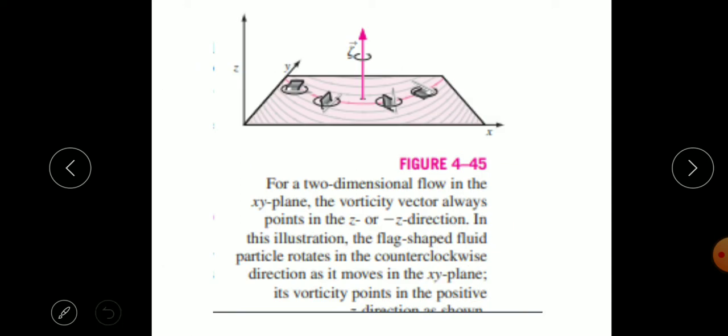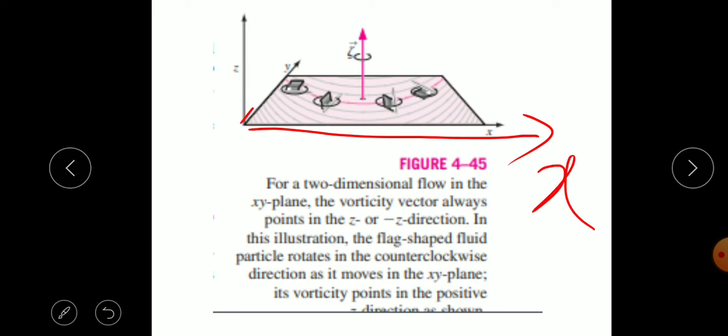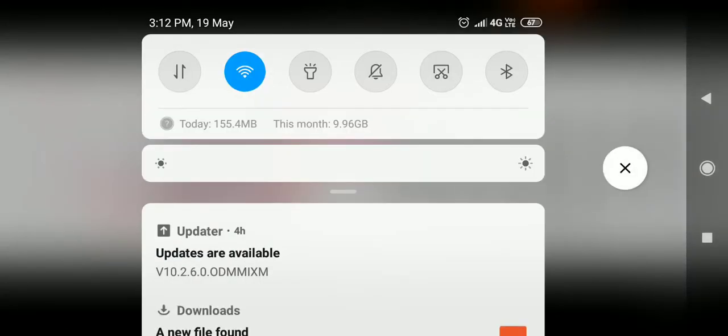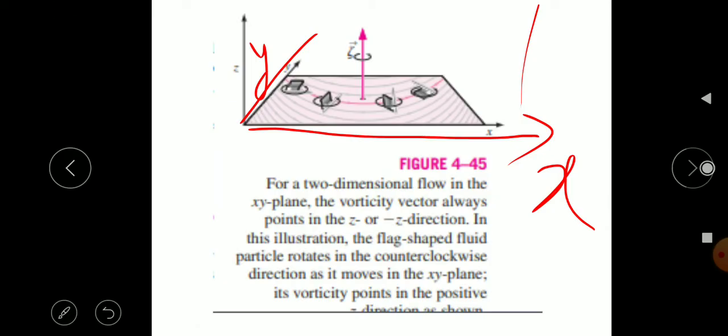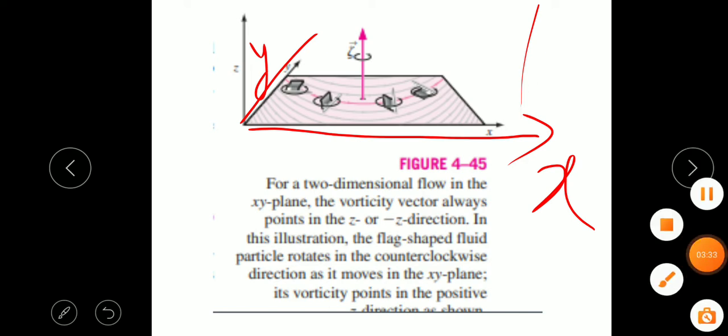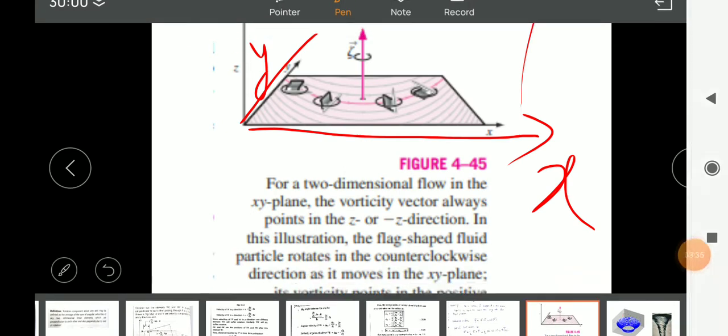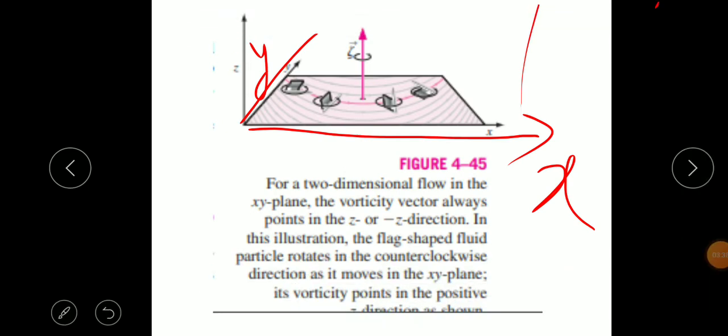You can see an example in this diagram. Here is a fluid element along x and a fluid element along the y direction. In this diagram we have considered the vorticity vector direction.